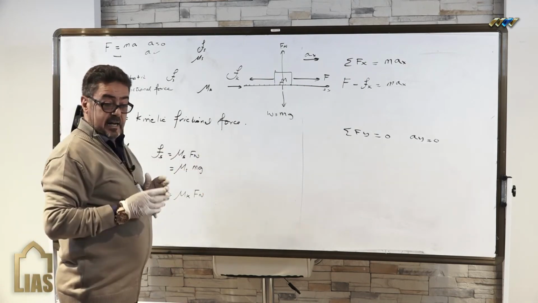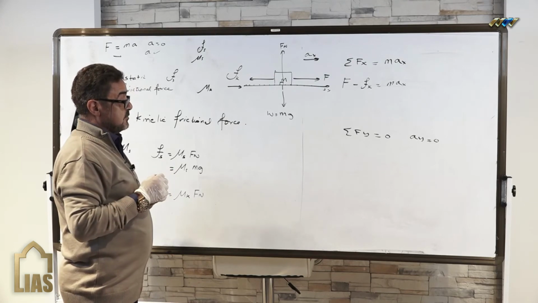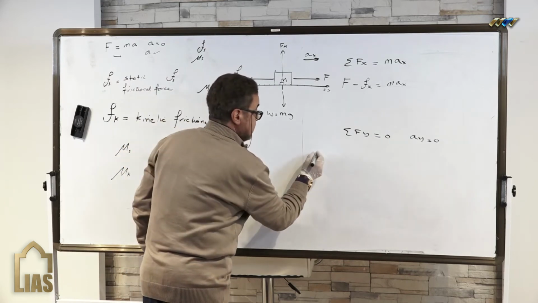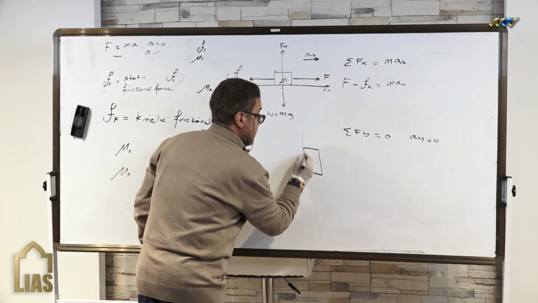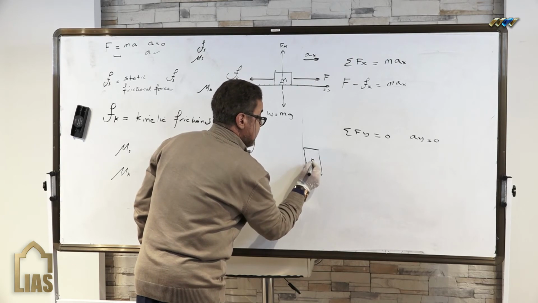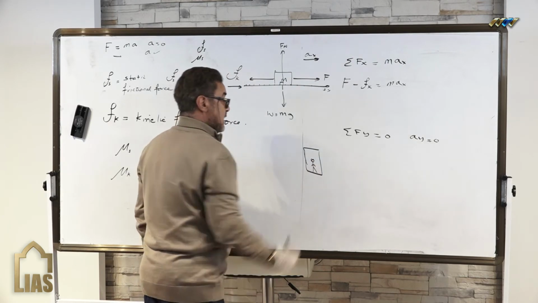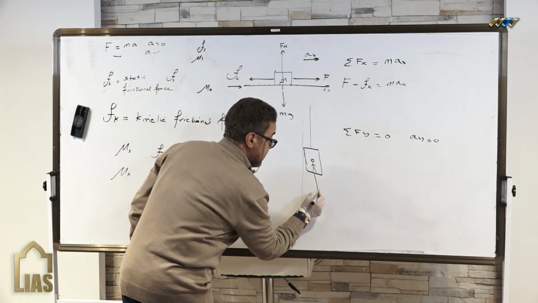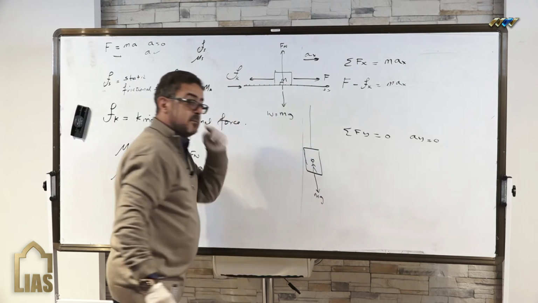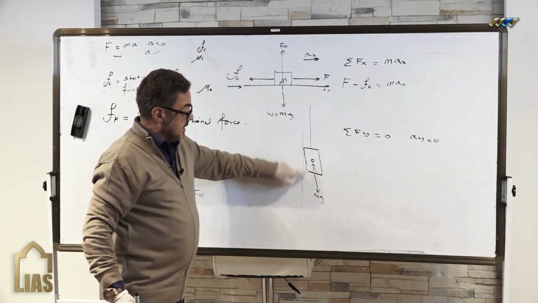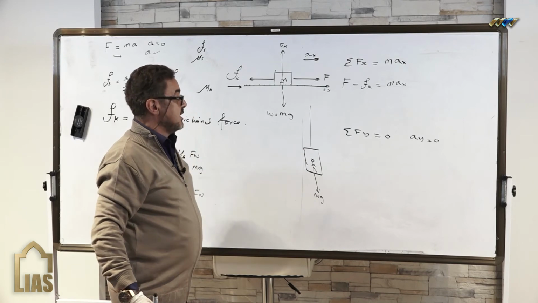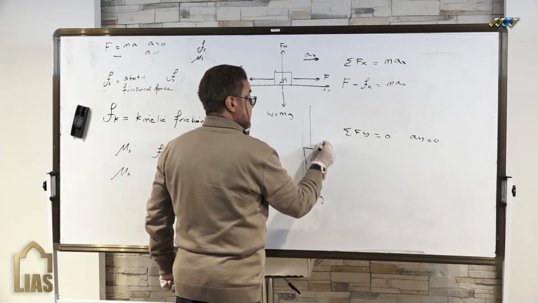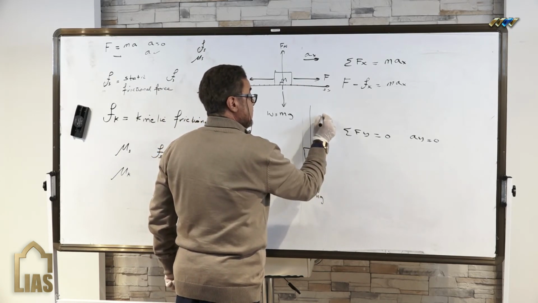let's make also other values. We'll talk about the elevator. Okay, the elevator. Here the mg, all the mg for the man and the elevator, mg here. And we'll say the elevator is moving this way.